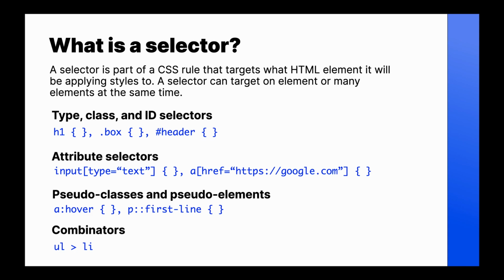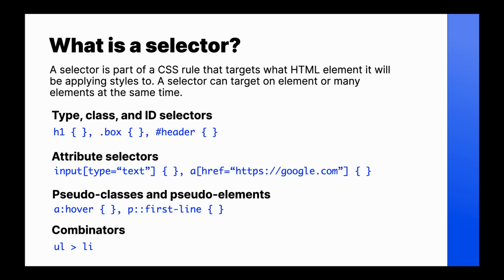An ID is kind of the same thing, but it's more unique. You almost always apply it to one specific thing as opposed to many, like a class. And then the type would work in a similar way, but just applies to any H1 on the page, assuming it's at the top level.